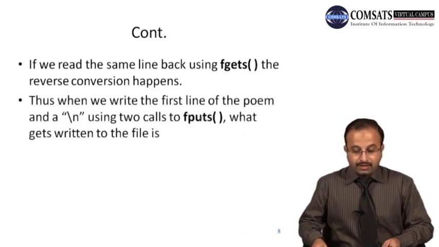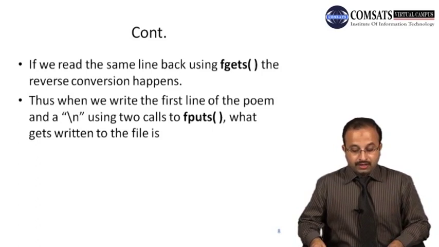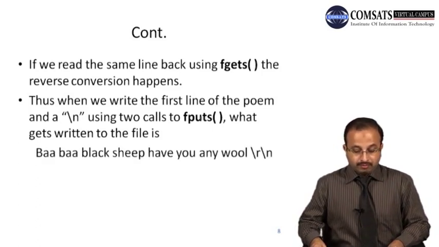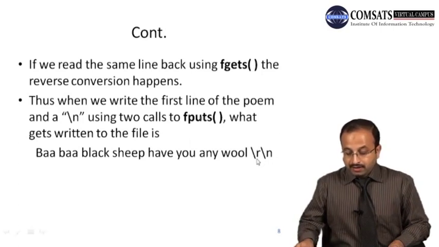Thus, when we write the first line of the poem and a new line character using two calls to fputs, what gets written to the file is, let's say this is the poem Baba Black Sheep, have you any wool? So when you press enter key over here, it writes \r and \n, right?